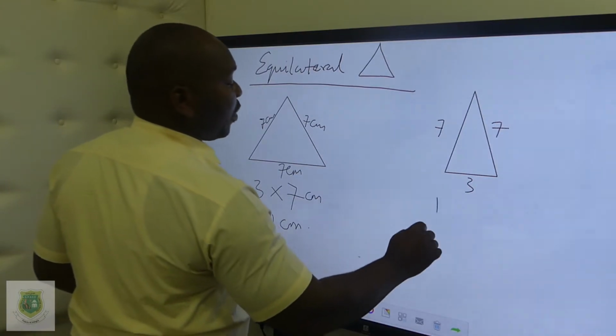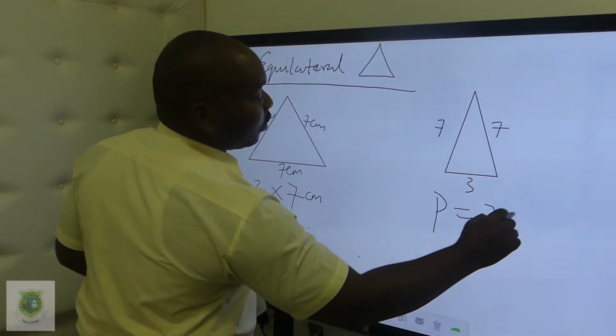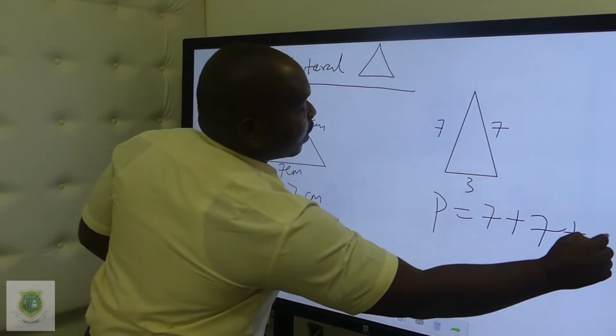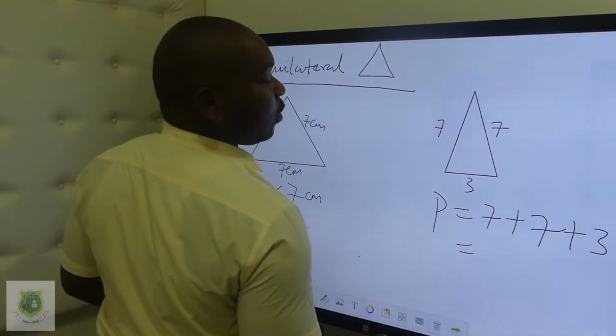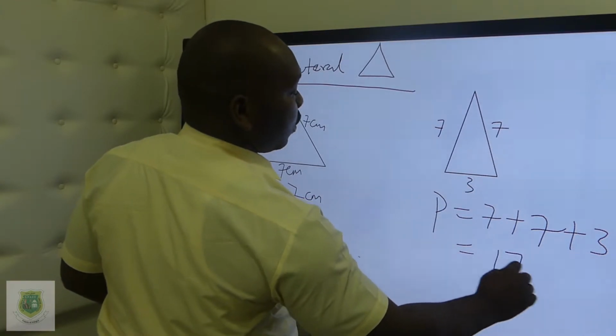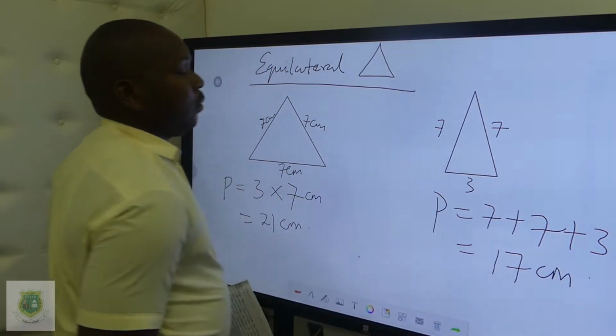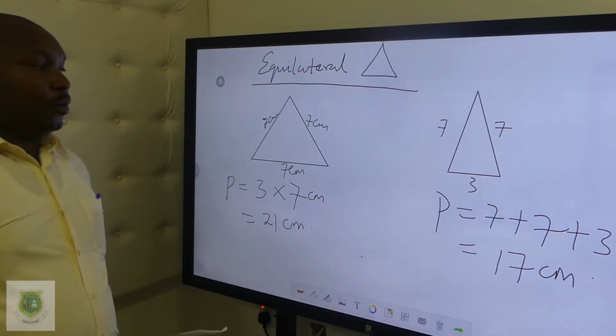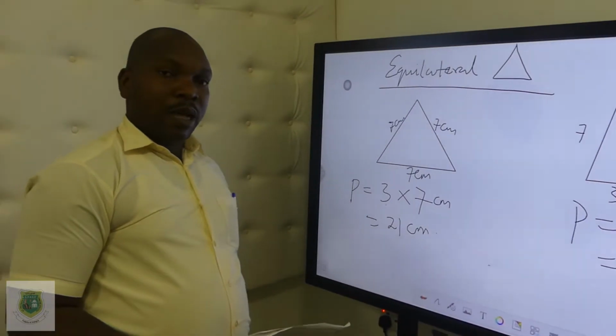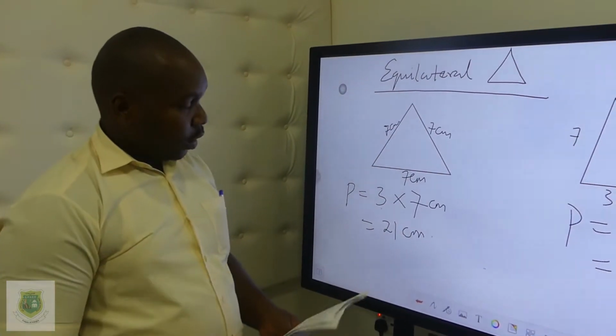To find the perimeter here, we simply use 7 plus 7 plus 3, which will now give us 17 centimeters. That is it.